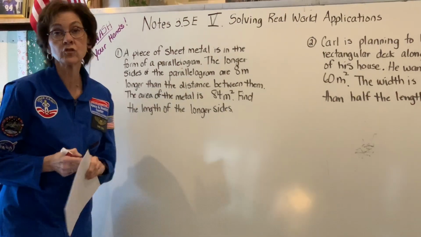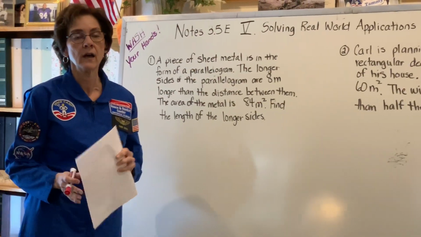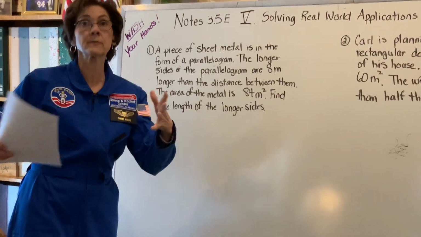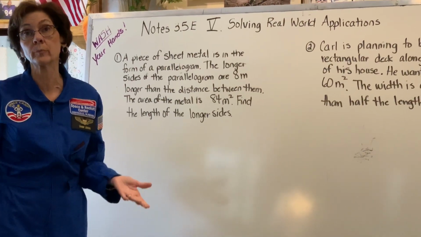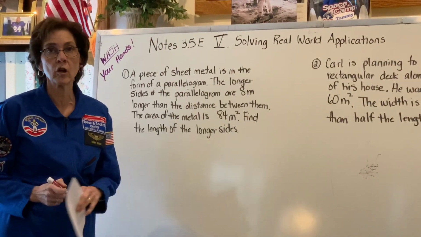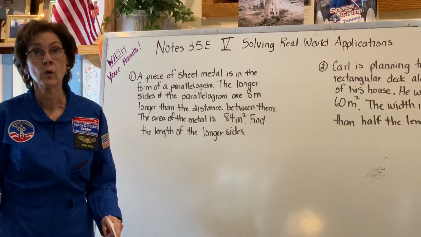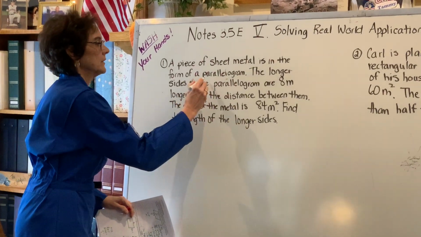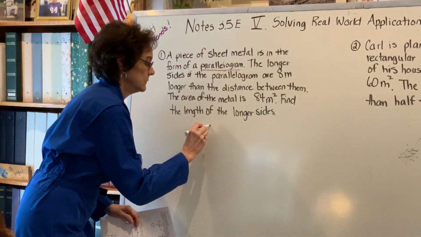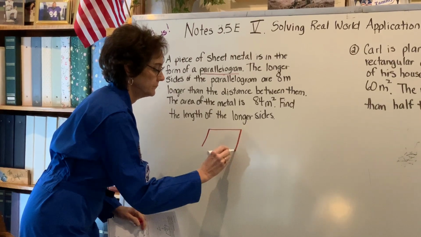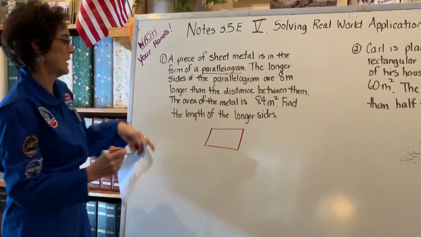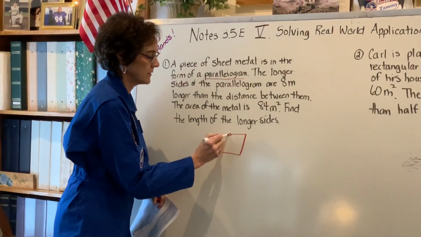So you know you have a choice. You can write let statements, let X be something and Y be something, or you can draw a picture. And I think most of us would rather draw a picture when we have something with geometry. So a parallelogram looks like that. And it says that the longer sides, so these would be the longer sides.